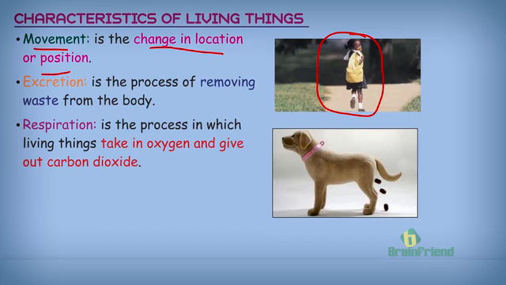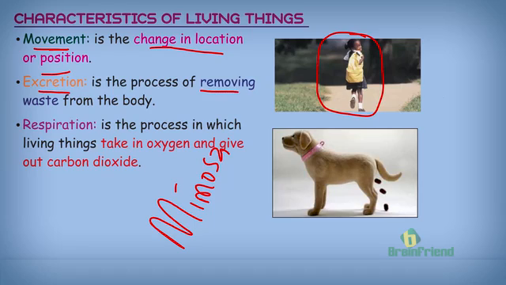Some other ways to show movement is there are plants which, when touched, close up. This is a form of movement. An example of that plant is the sensitive plant, mimosa. Yet another characteristic of living things is excretion. What is excretion?